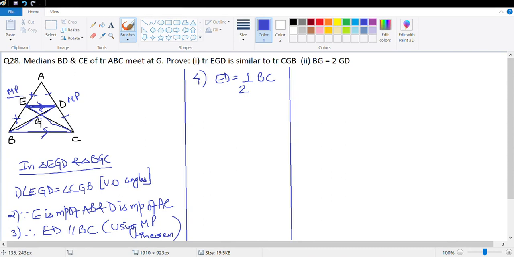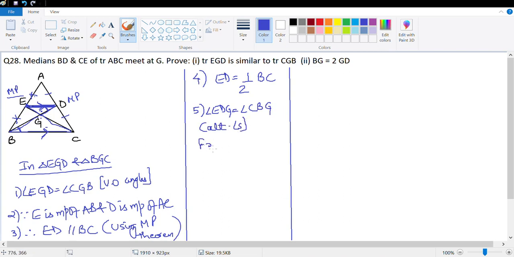Now if ED is parallel to BC, my life becomes simpler because in this triangle, angle D and angle B now become equal. So now I'll write number 5, angle EDG is equal to angle CBG. These are alternate angles.